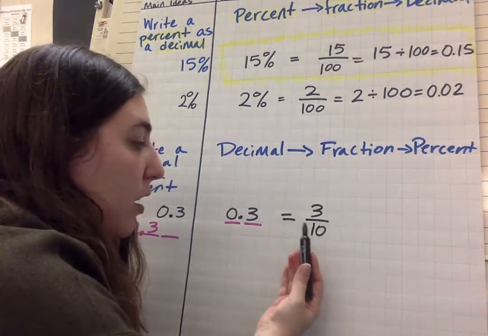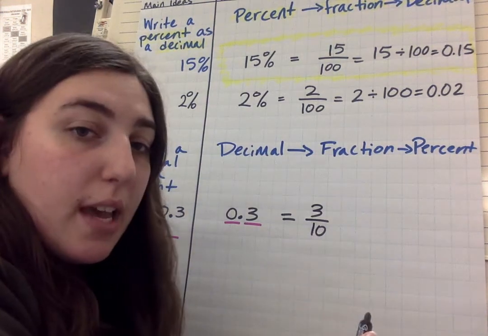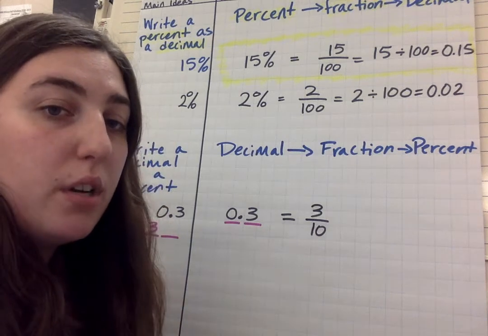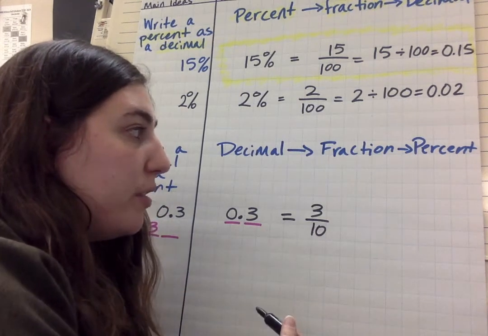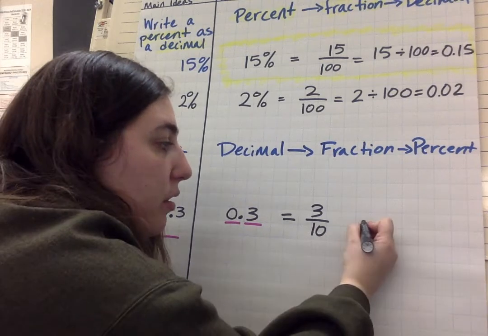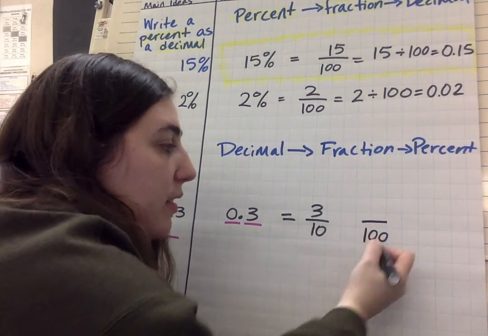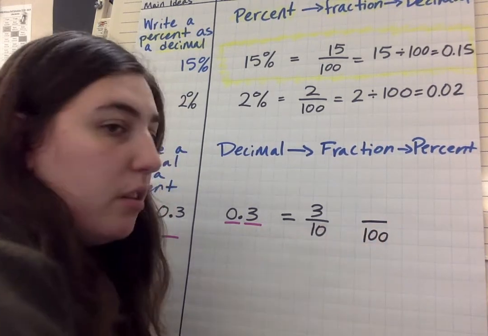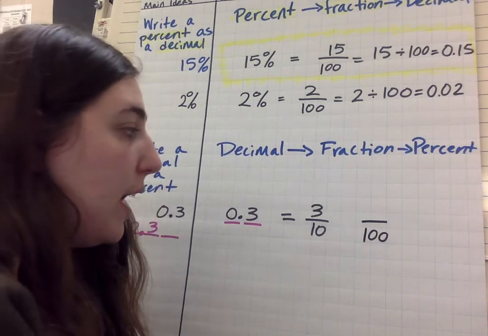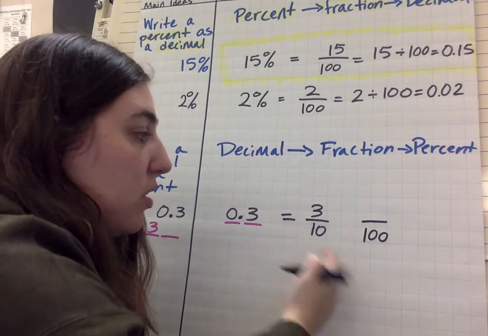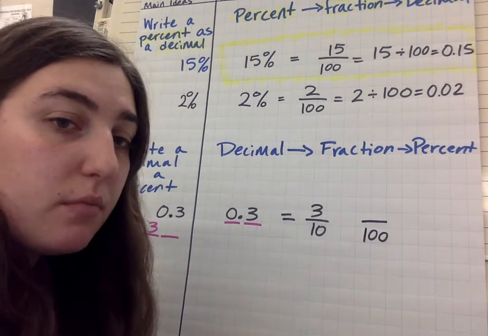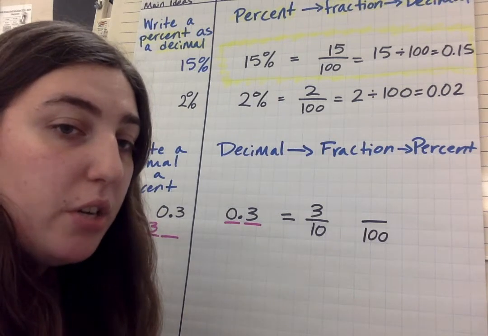Okay? Now, the hard part, which isn't really hard, but it's the hardest part so far, is that we need a percent. And a percent is out of 100. So in order to get a percent that's out of 100, we need to set it up as a fraction that's out of 100. Okay, so this goes back to chapter 1 where we were learning rates and ratios.